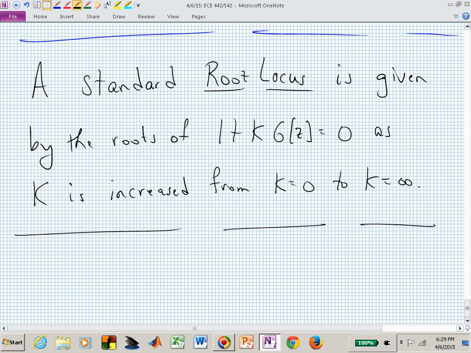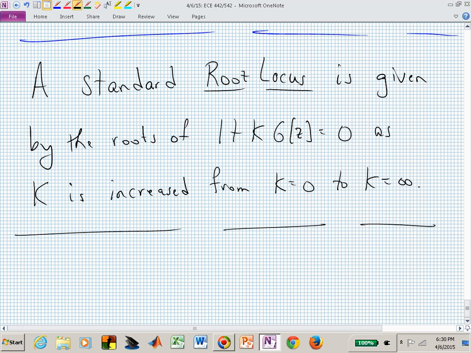You now have 10 roots. That's where your roots would be for k equal to 0.1. You make k equal to a half. Calculate the 10 roots. k equal to 1. You calculate the 10 roots, and you see this pattern of closed loop poles being sketched across your z-plane as k varies from 0 to infinity.